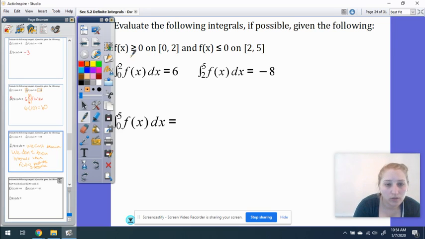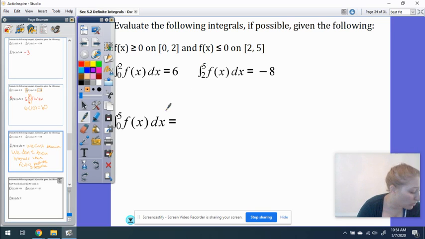Okay, so in this case, they did give me my intervals, and this is telling me when it's greater than 0, so positive, and less than 0 is negative. All right, so that means when I do the absolute value, I'll actually be able to do this one. Okay, so this is going from 0 to 5. Essentially, going from 0 to 5 would be like me going from 0 to 2 and then from 2 to 5.